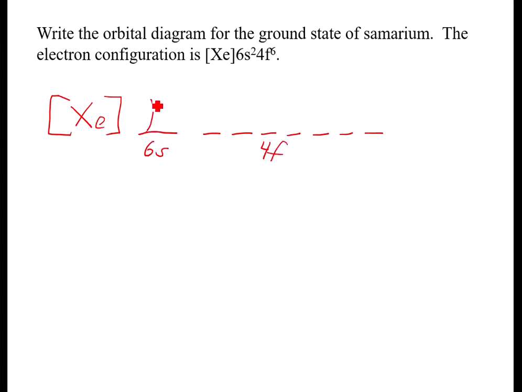And so I have to fill up the S first, and since S only has one orbital, I put both electrons in there. Now to do the F, I go up 1, 2, 3, 4, 5, 6. And so that is the orbital diagram for the ground state of samarium.